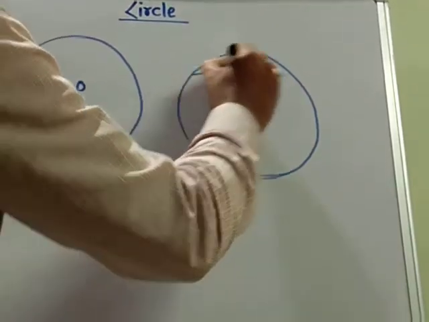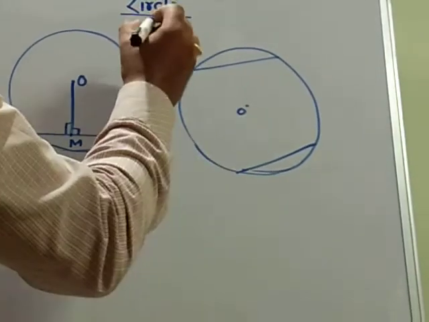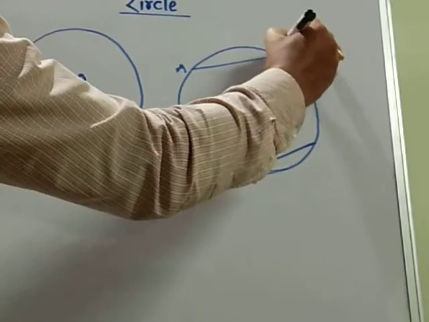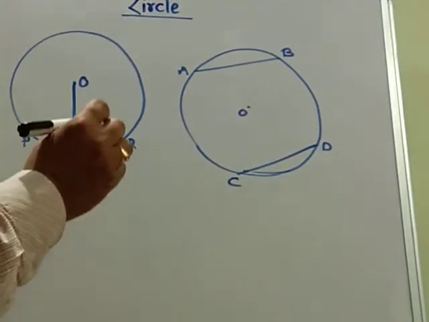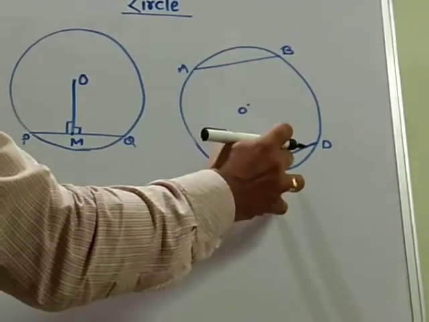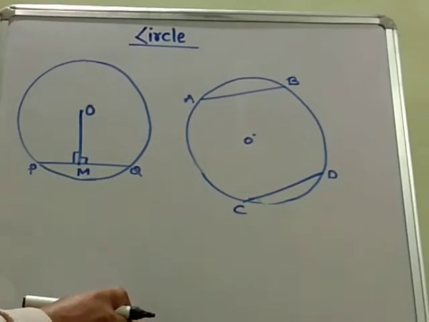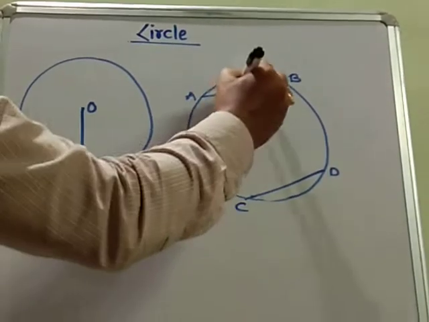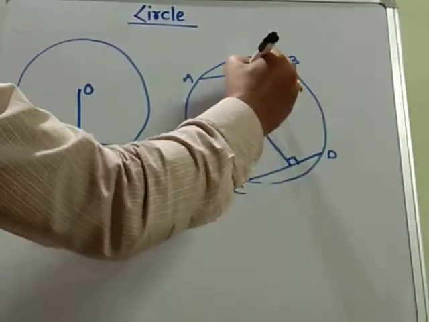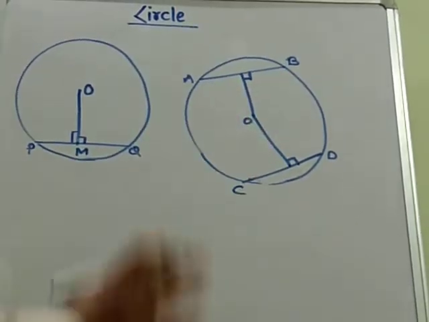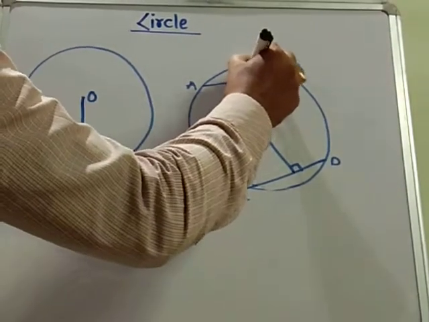Suppose this is a chord AB and this is a chord CD.